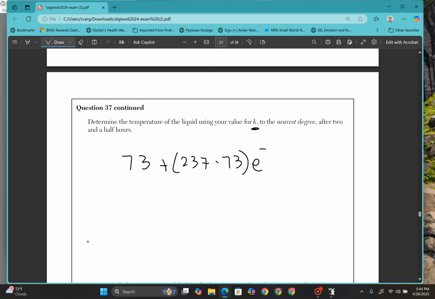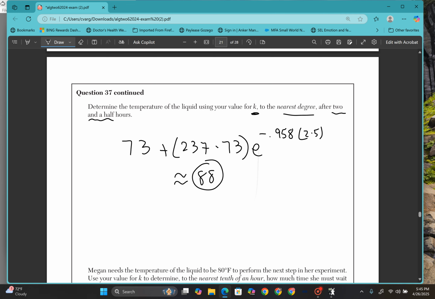So I had negative 0.958, and then it says after 2.5 hours, so this gets multiplied by 2.5. Okay, and now this whole thing we can plug into the calculator, and this is going to give me about 88. It says to the nearest degree. So you can plug that into the calculator and you can see that this gives me about 88.